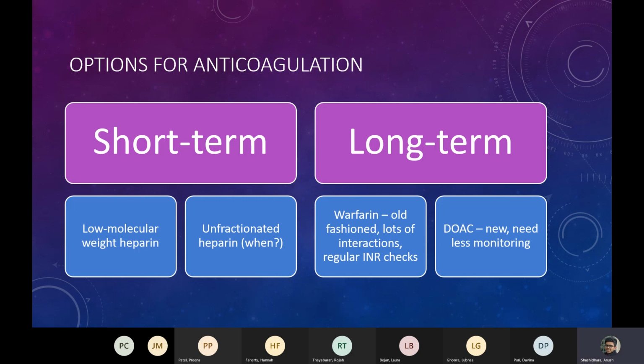Yeah, so it needs titrating, and it can take weeks or months to titrate. And it's initially prothrombotic. Yeah, that's really good. I didn't know that until quite late in the year. So both of those things mean that it's not so great in the short term. It's good in the long term, not so much in the short term. Obviously, there's issues with using it long term, especially interactions.